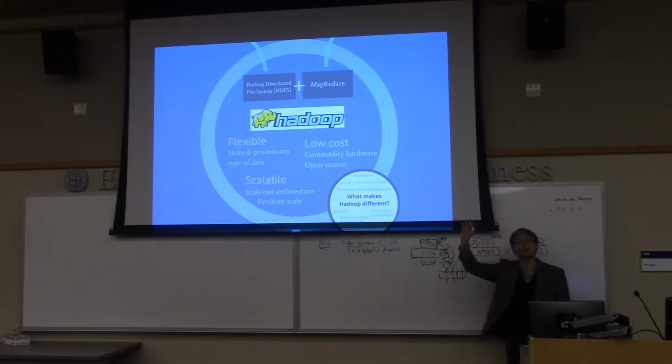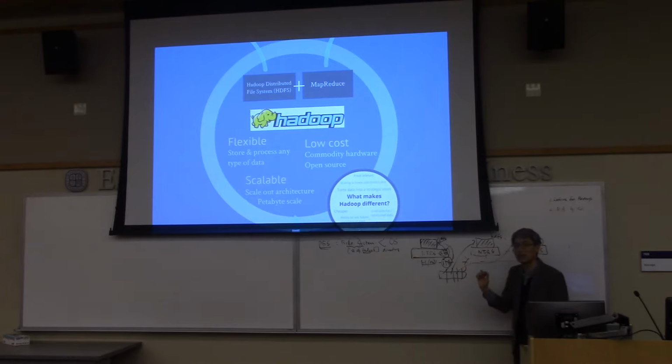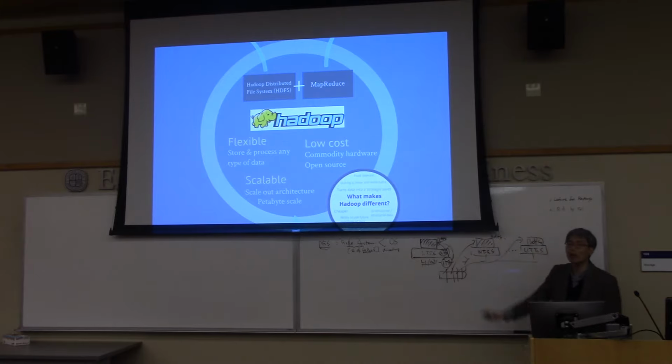So node failure, yes, is one of them, and network failure is the most popular. And another failure is the file itself. Sometimes the block is corrupted, and so on. So in case of failure, we need to recover. It's fault tolerance. Fault tolerance is one of the issues. Also it should be scalable.